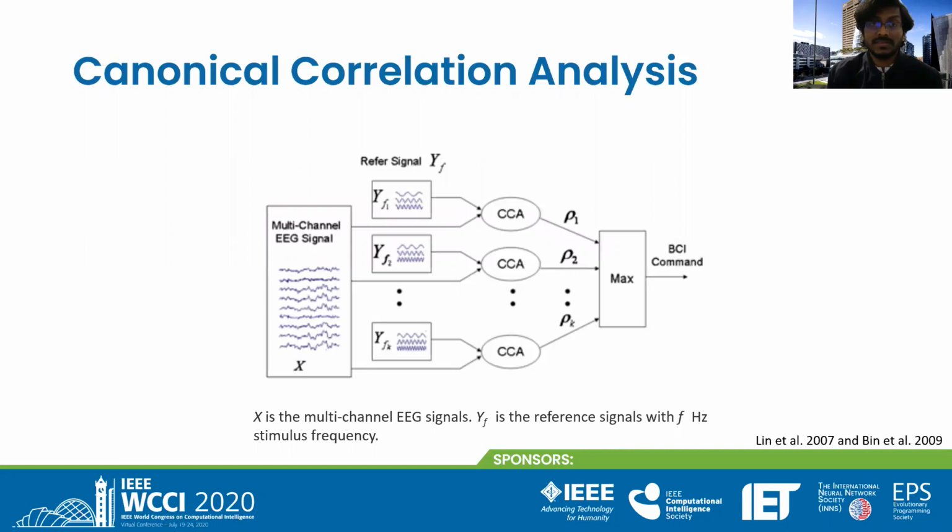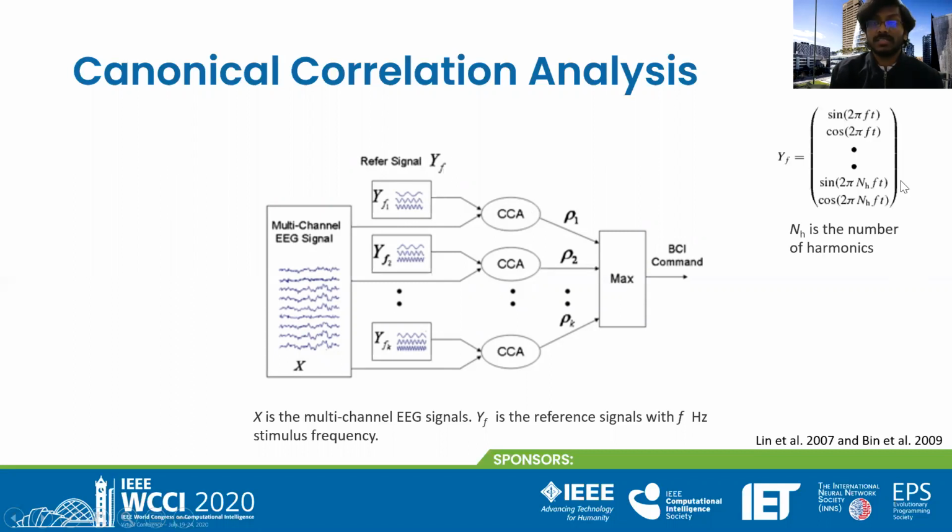If you see from this diagram, from the machine learning point of view, we take those X signals recorded from a multi-channel EEG device. For those signals, specifically we focus on the occipital lobe and compute their CCA, canonical correlation analysis, with a reference signal Y, which is presented for a certain frequency.